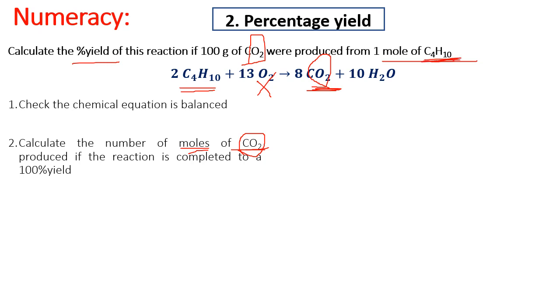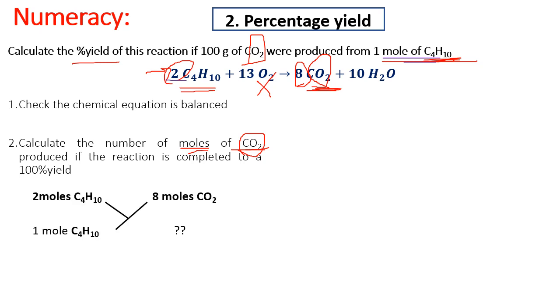To know this, we first have to consider the ratio. It means that in this chemical equation, for every 2 moles, we get 8 moles of carbon dioxide. But in our case, do we have 2 moles? No, we have 1 mole. Then how many moles of carbon dioxide will be produced then?